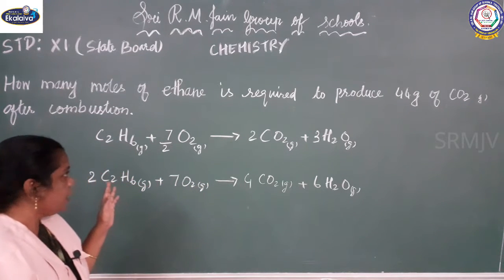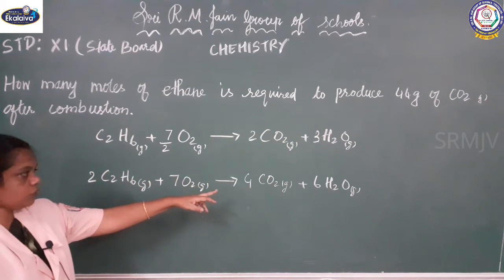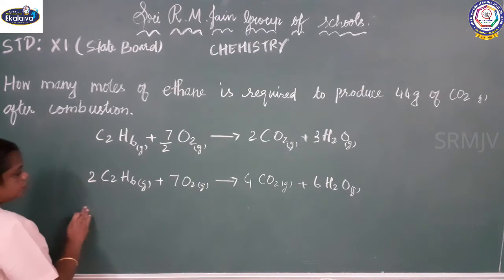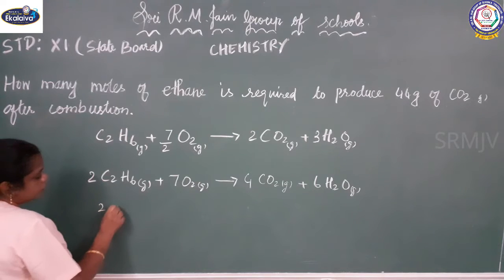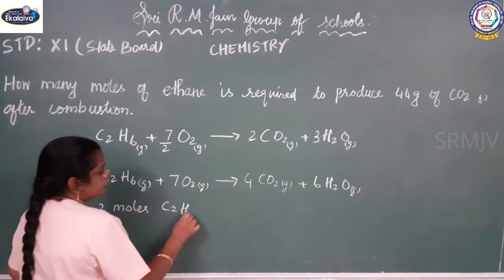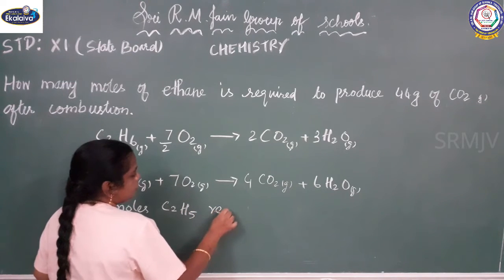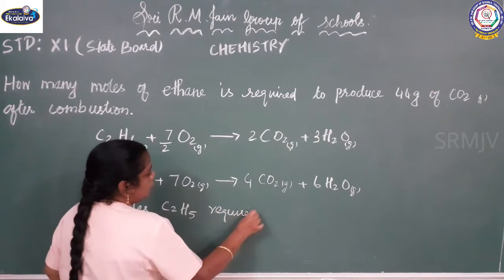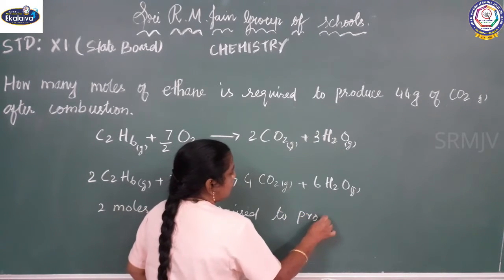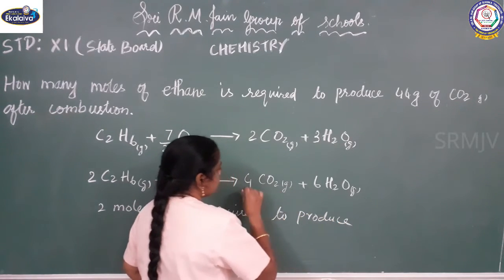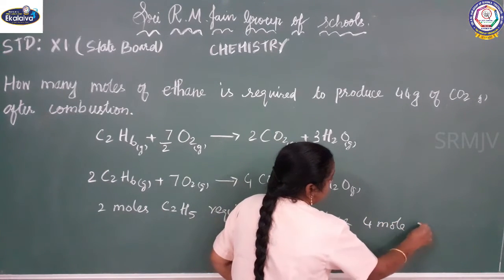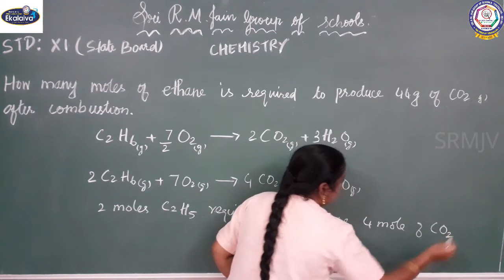By this equation, 2 moles of ethane are required to produce 4 moles of carbon dioxide.